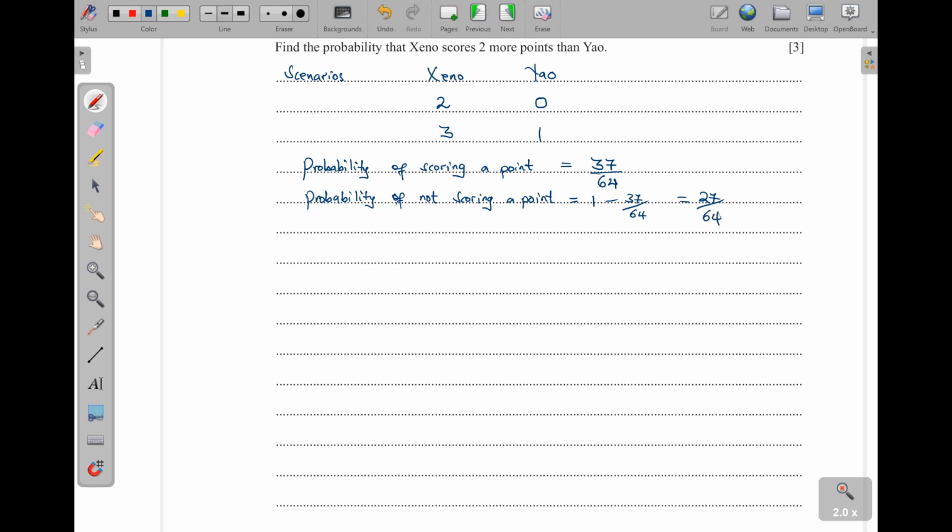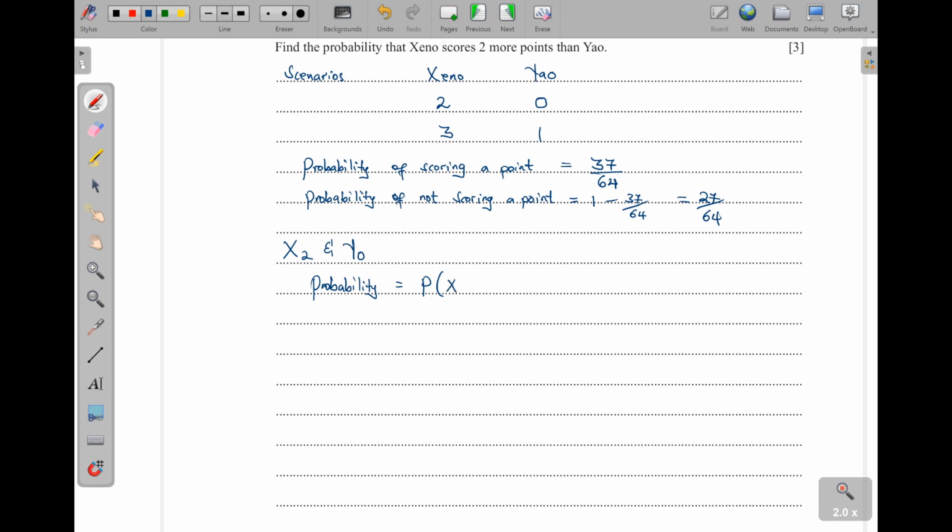Okay. Now, let us look at these 2 scenarios. Zeno scores 2 points and Yao scores no point. So, what is going to be this probability here? First of all, remember all of them are having 3 turns.